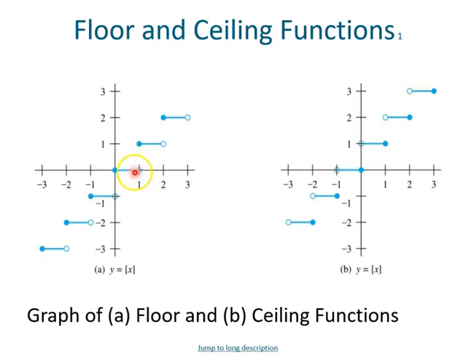But any real number less than 1 and bigger or equal to 0 is mapped to 0 here. So this line is in the graph of the floor, and this point is filled, so it is on the graph. So in each line segment, the left-hand side is on the graph, the right-hand side is not on the graph.